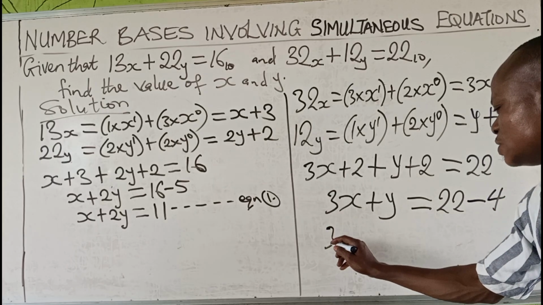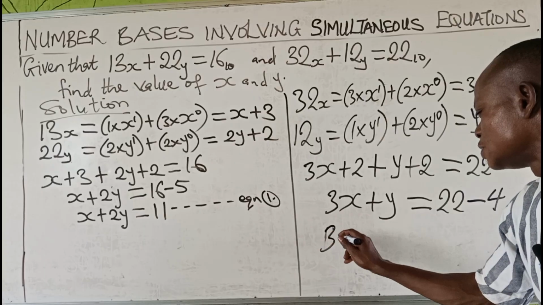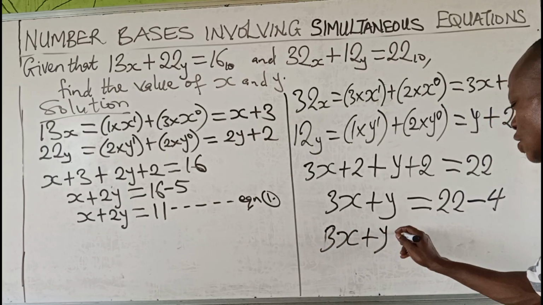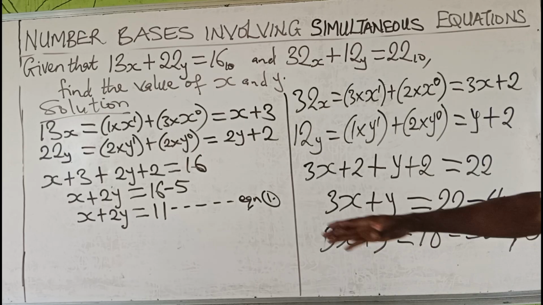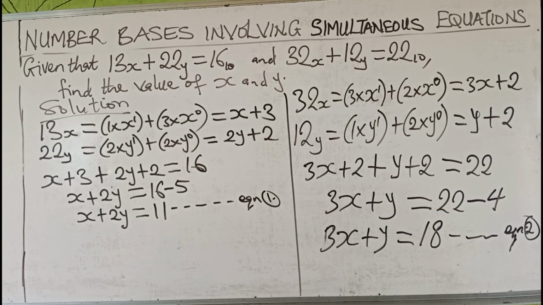So that means we're having 3x plus y equal to 22 minus 4 will give us 18. So this is our equation 2, because we can't do anything further here. Now that we have our equation 1 and our equation 2 in base 10, we can now solve the equations simultaneously.